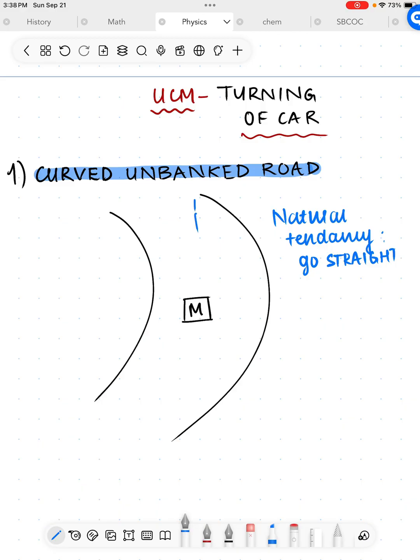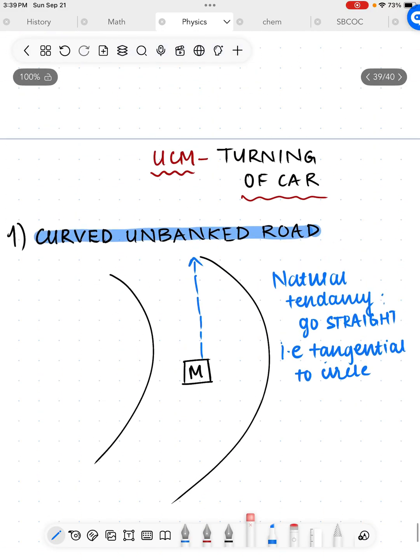This is the natural tendency of the vehicle, which in this case is tangentially to the circle. Now, as it's going straight, children, the natural tendency is to go straight, right?